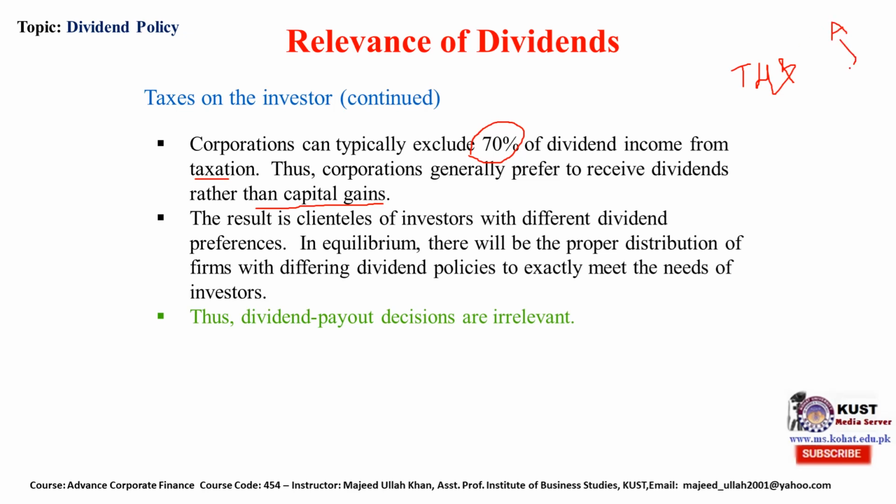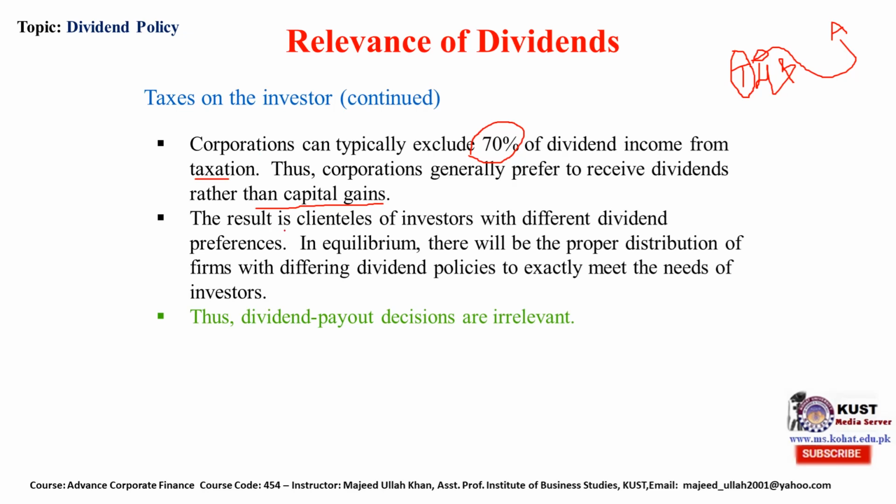So the dividend paid to T is tax exempted, and history shows that 70% of the dividend paid to the corporation is excluded from tax. So these corporations prefer those stocks which pay a dividend rather than a capital gain. So these corporations' investment in this type of stock which pays dividends positively influences the share price.